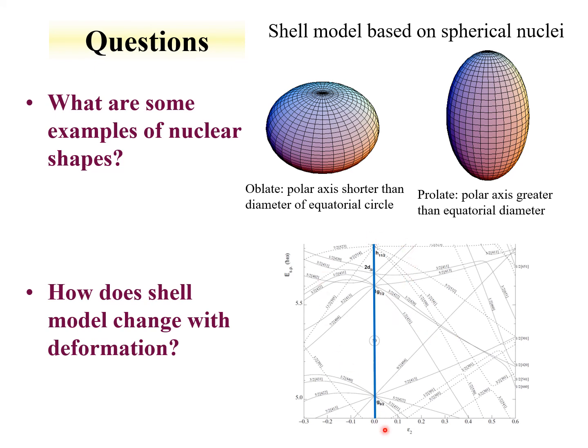If you've taken inorganic chemistry and seen Tanabe-Sugano diagrams, you'll see the same sort of behavior. What we can see from this is that oblate nuclei are going to tend to lie on this side of the line that defines the spherical nuclei. So on the left side will be oblate, and the prolate will land on the right side.